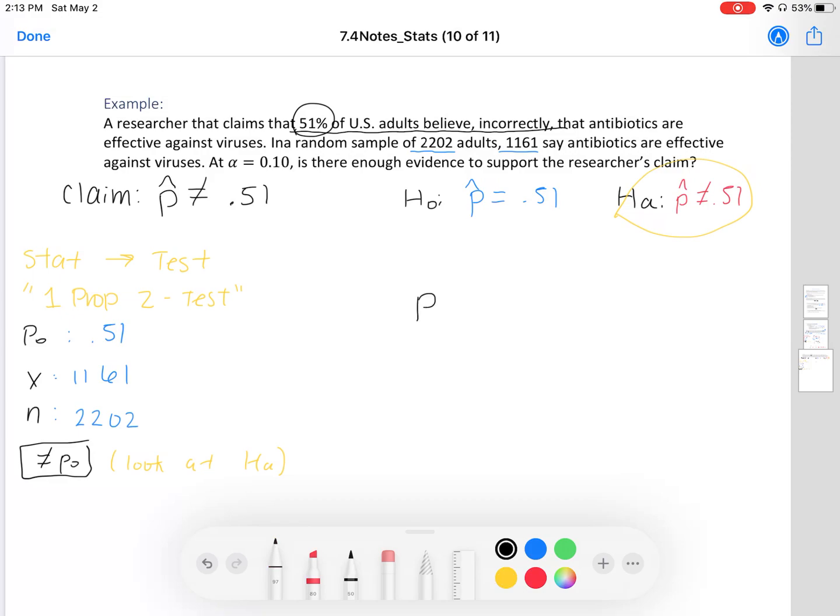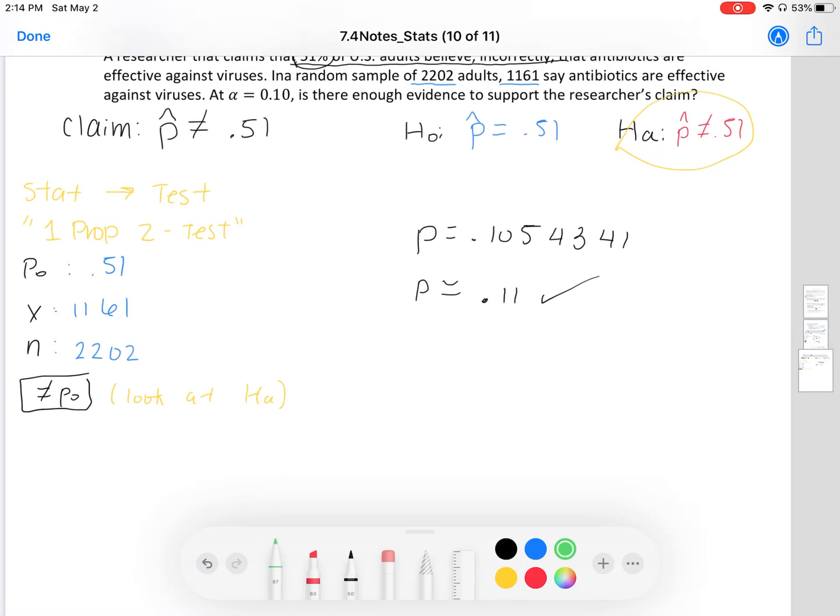You're also going to be given a p hat, but that's not what you want. So your p is 0.10543, something like that, right? But we only want to work with maybe 2 decimal places, so we can round to 0.11.